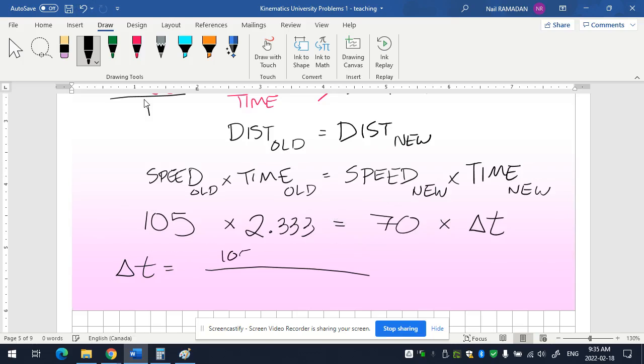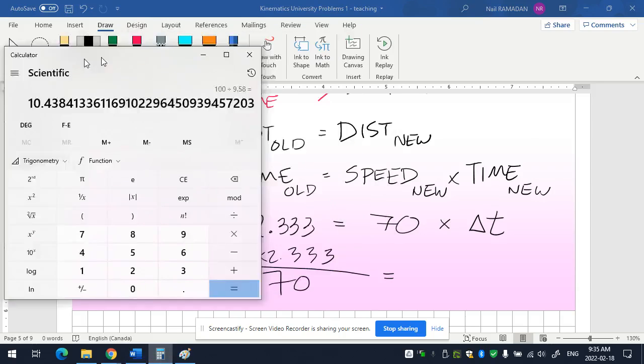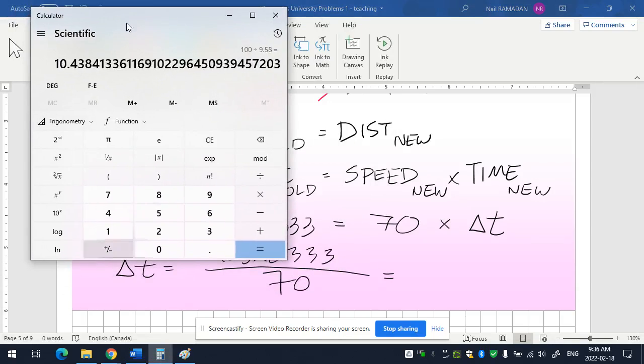So 105 times 2.333 divided by 70. And if we do not get a time longer than 2 hours and 20 minutes, something doesn't make sense, because we are slower, so we have to take longer. So 105 times 2.333 divided by 70. Interesting. What's the sig fig situation? Oh, that's bad because 70 is ambiguous.